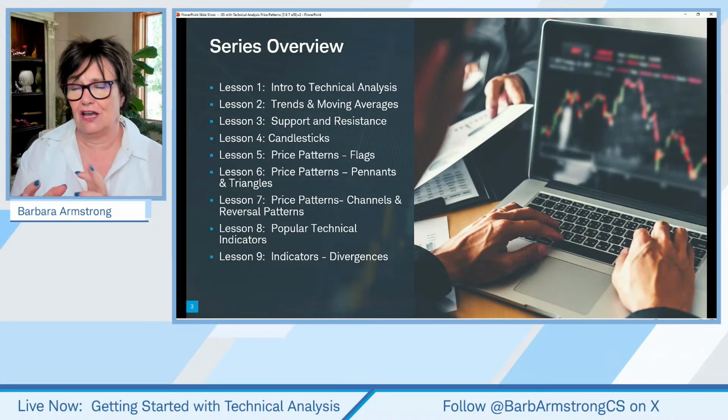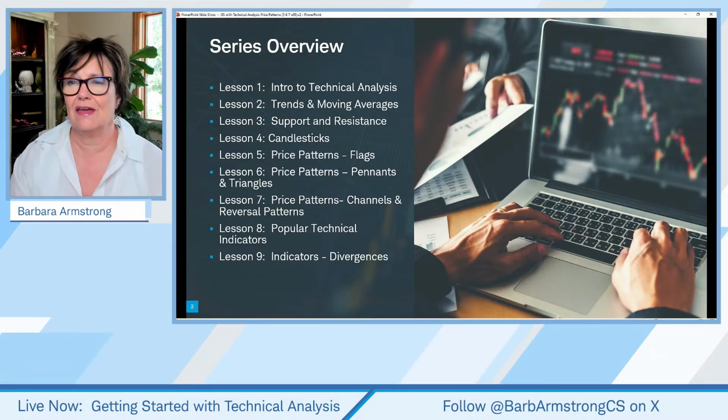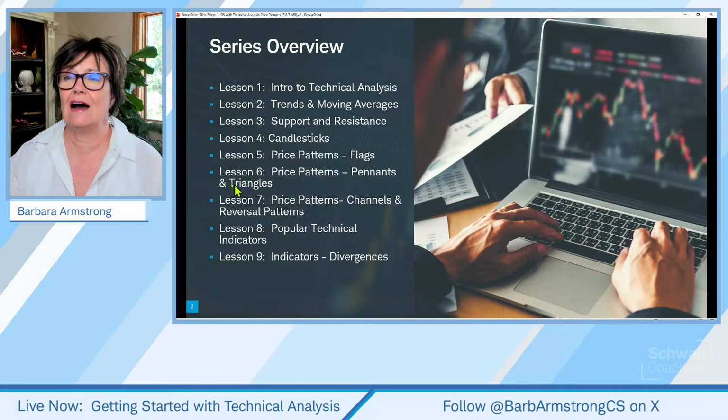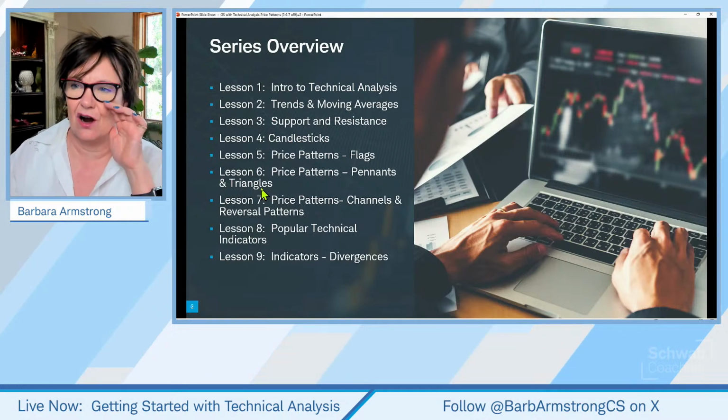I've designed this to be taught in about a 9-week rotation. And then on occasion, we'll throw in a bonus here or there. We did one on Fibonacci's, and we did one on diagonal resistance breakouts in the last go round. But today we're focusing on pennants and triangles, which is number 6 in our rotation.